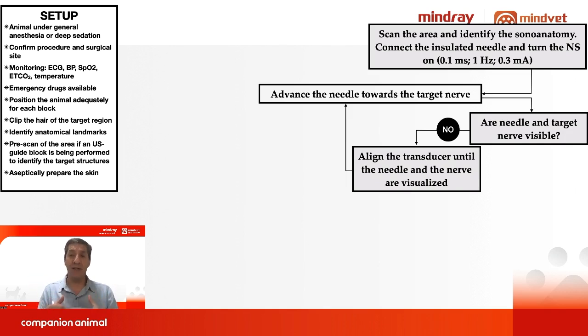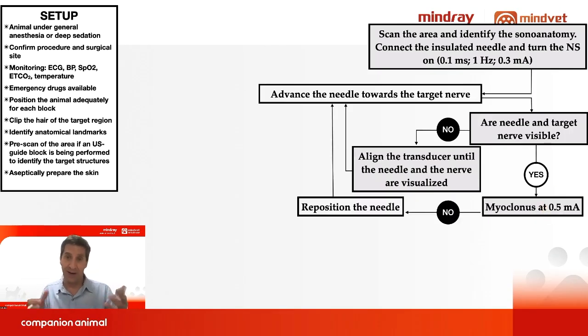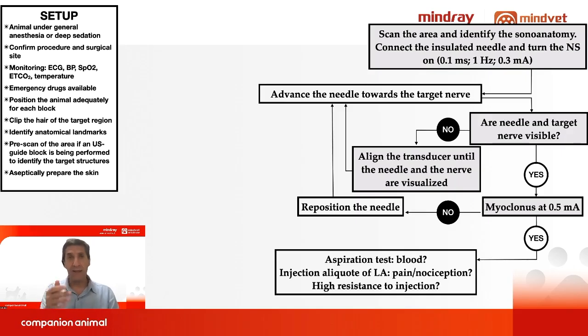If you can see the needle and the nerve, you can increase your milliamperes to 0.5 to determine if the structure you call nerve is a nerve. If you don't get any myoclonus, you need to reposition the needle. But if you have the myoclonus, that means the structure you call nerve is the nerve.